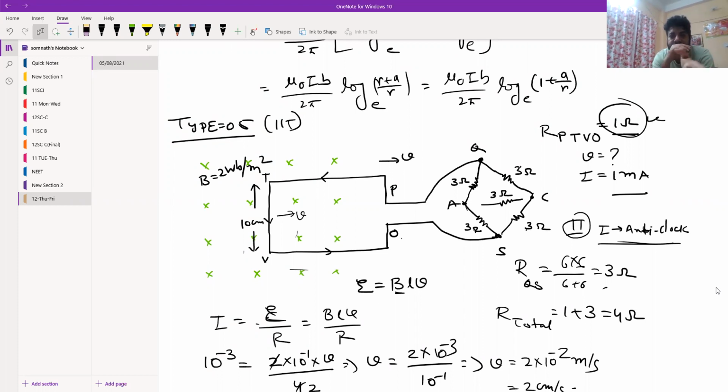Is the rectangular loop moving inward or outward? Meaning is it going out or going in? Come on, is the flux increasing or decreasing? Anyone please respond. So decreasing. If the flux is decreasing, the induced EMF will try to oppose it.